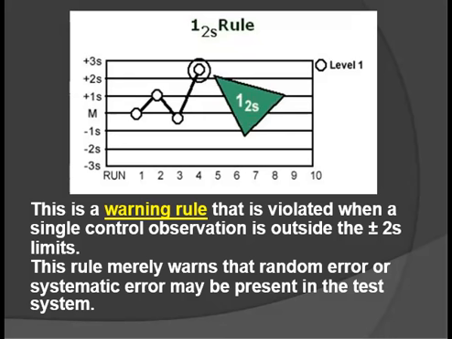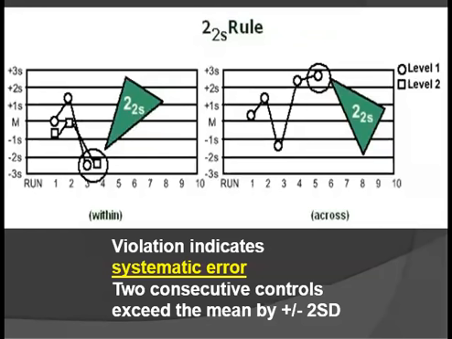Now, let's proceed with the other rules. The next succeeding rules that I'm going to discuss are those rules to detect systematic error. The first one would be your 2-2S rule. In your 2-2S rule, there are 2 data values that occur outside the plus minus 2SD.